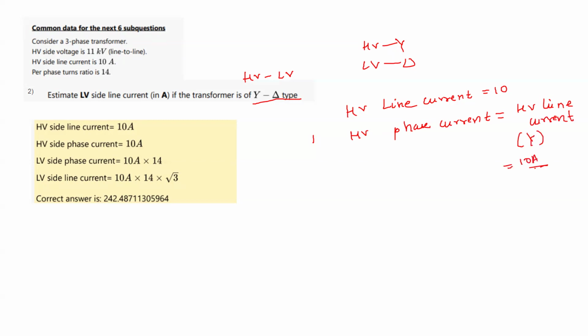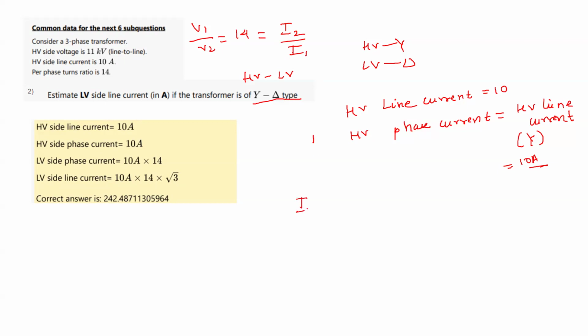Okay, now we will use the transformation ratio. Suppose V1 by V2 is 14, these are phase voltages, remember, this is equal to I2 by I1. So we need to calculate I2.